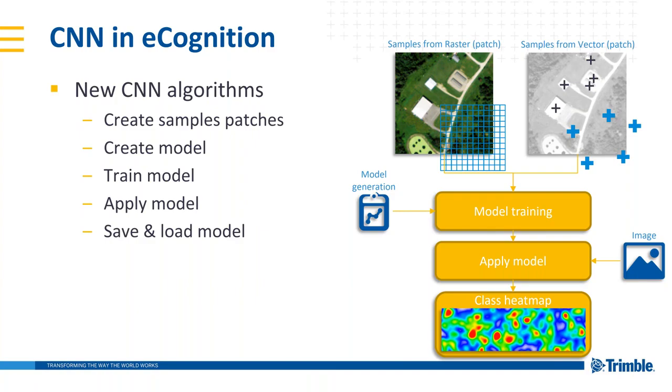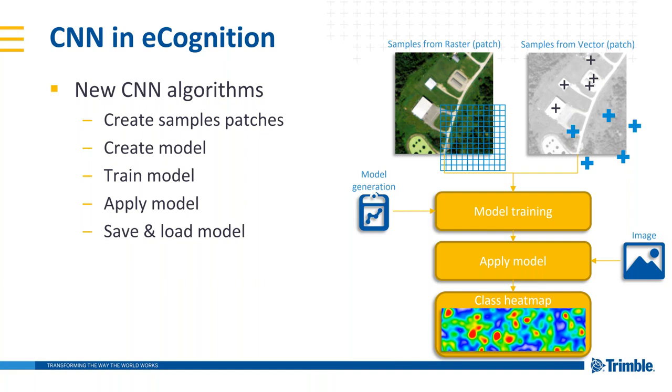We also have algorithms to create the actual model, then to train the model. Once we have a trained model, we can then push our imagery through and apply this model to our images. As we see in the diagram on the right-hand side, once we apply the model to our image, we then generate a heat map, and we can use this heat map for various classification and segmentation techniques within eCognition.